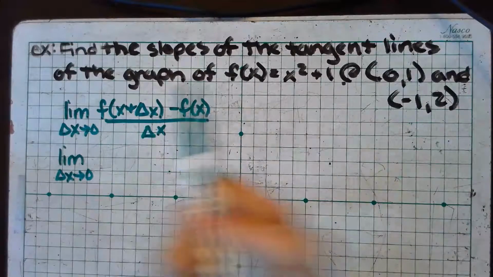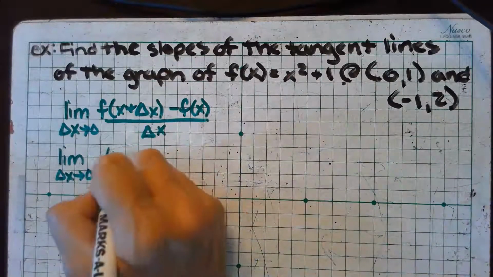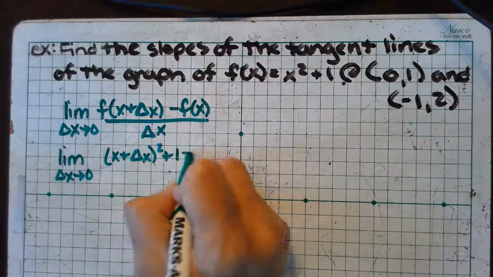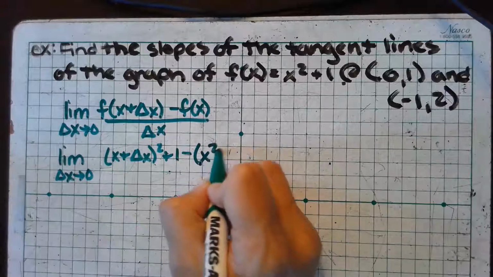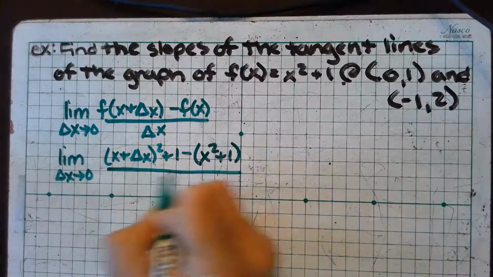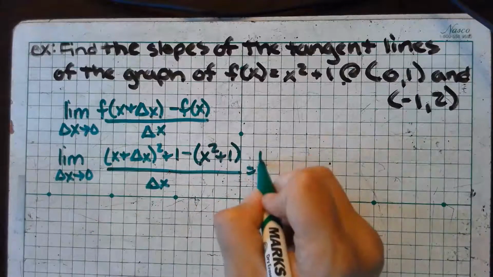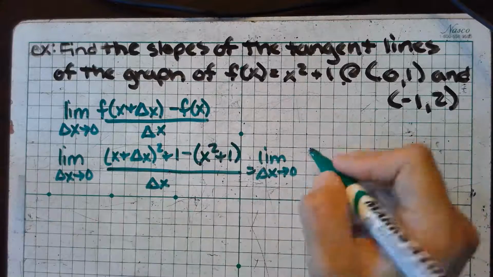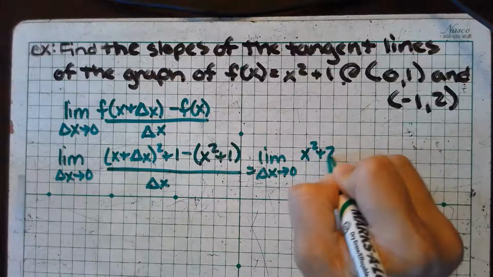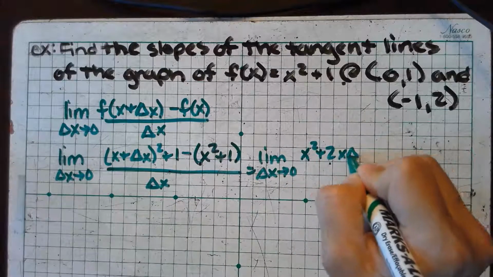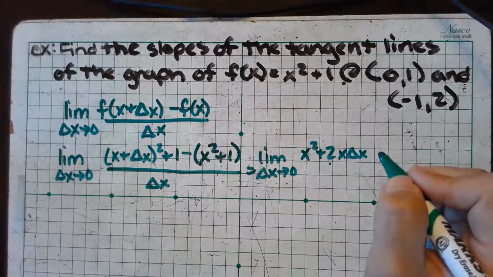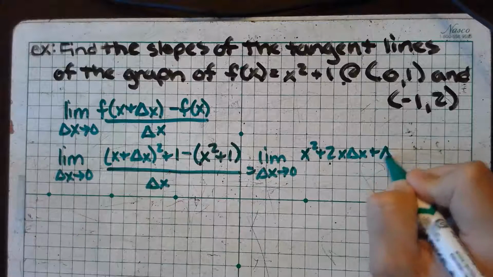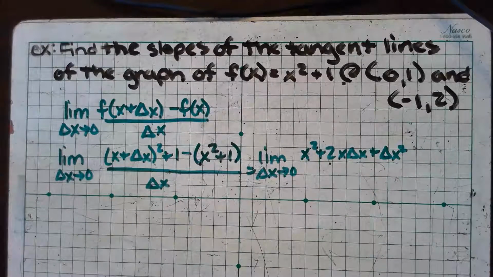We're plugging in x plus delta x for that x, so it's going to be x plus delta x squared, and then plus 1 minus, now make sure you put parentheses around x squared plus 1, all over delta x. And now we need to simplify that numerator. All right, that's going to make x squared plus 2x delta x, all right, plus delta x squared.